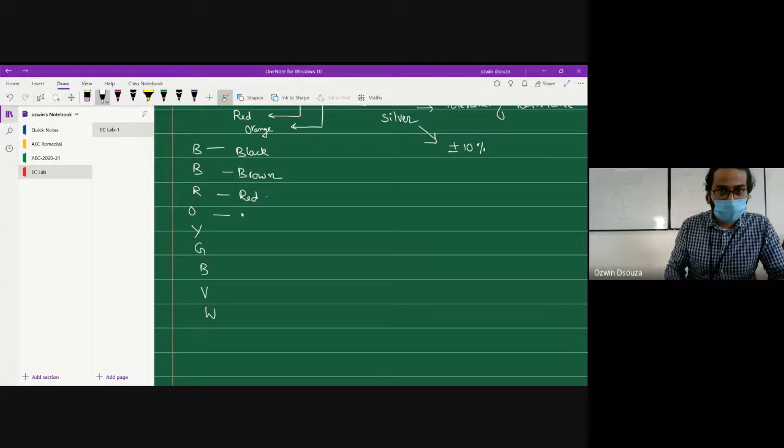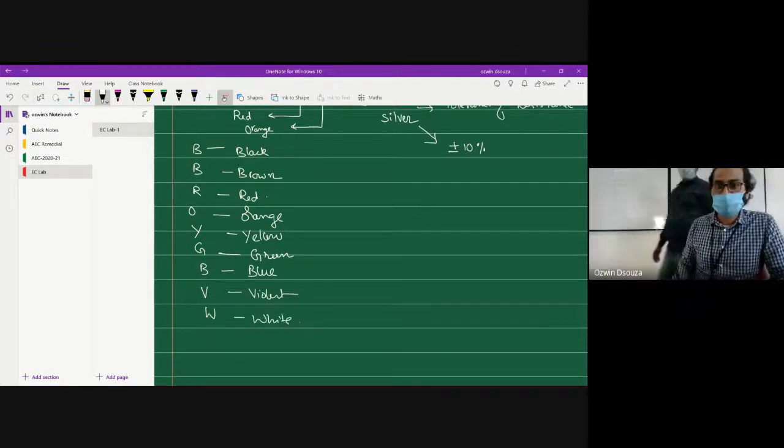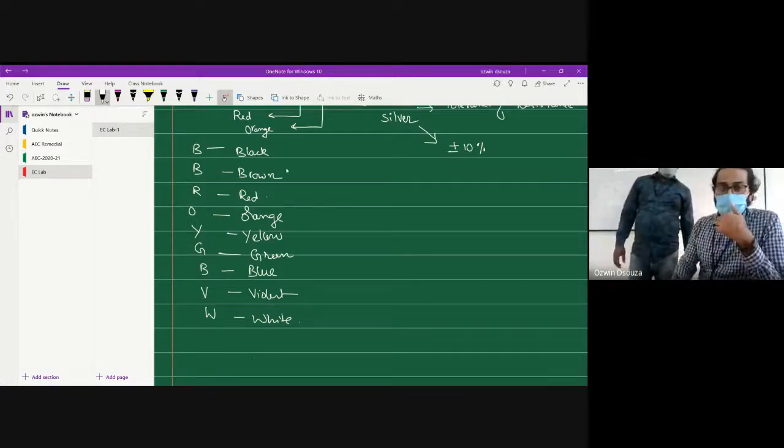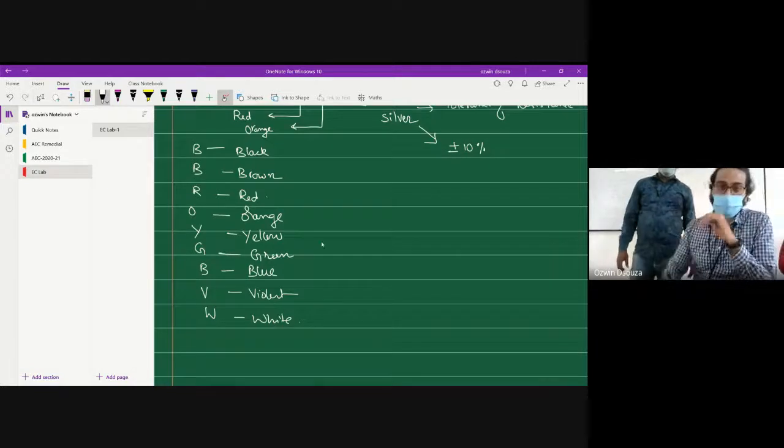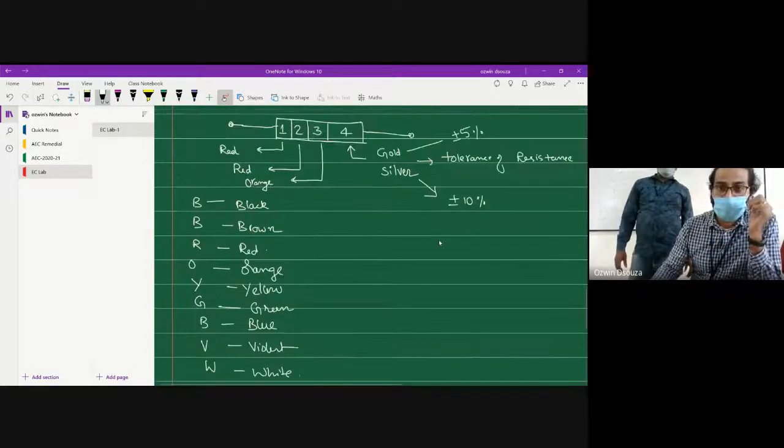Okay, don't laugh. If I miss out something, you correct me. Orange, yellow, and green. Blue, violet, and white. Correct, sir? Let me just get it confirmed from Anand sir. Brown, red, orange, yellow, green, blue, violet, white. Okay, fine. Gold, silver, none.